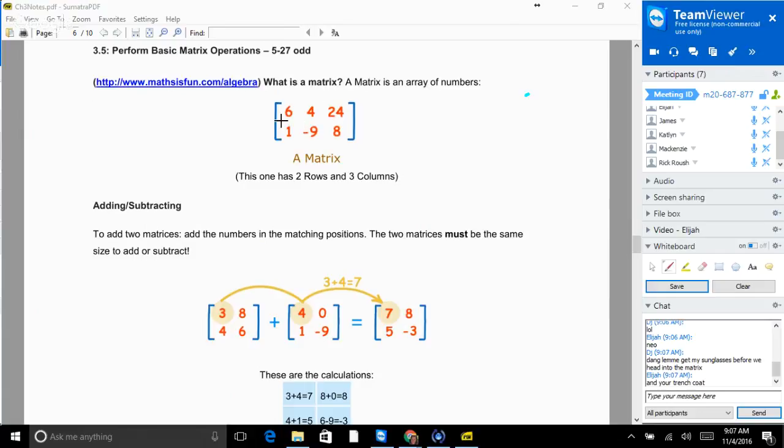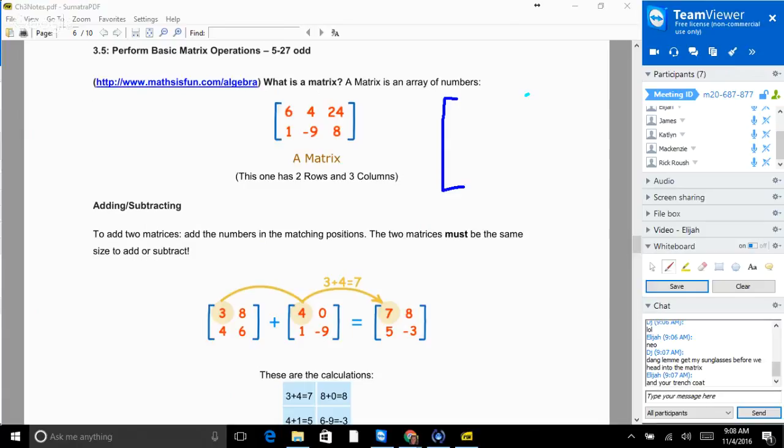A matrix, this particular matrix has 2 rows. So we consider the rows go this way, right? And 3 columns. So that's how we name a matrix. We name a matrix by the number of rows and the number of columns. So this also, if you use Excel a lot, which I'm sure you guys do, has rows and columns just the same way as an Excel document, right?